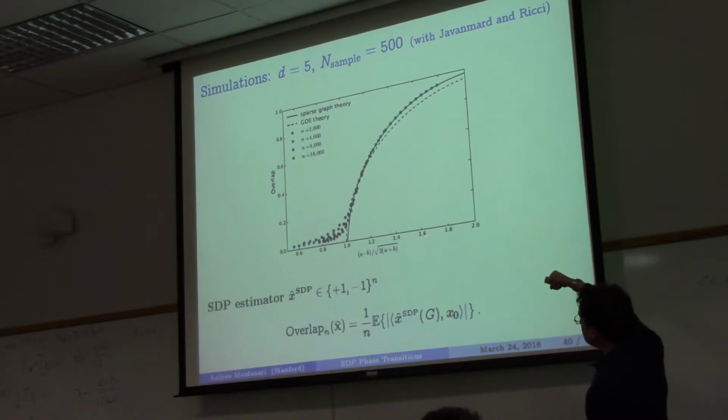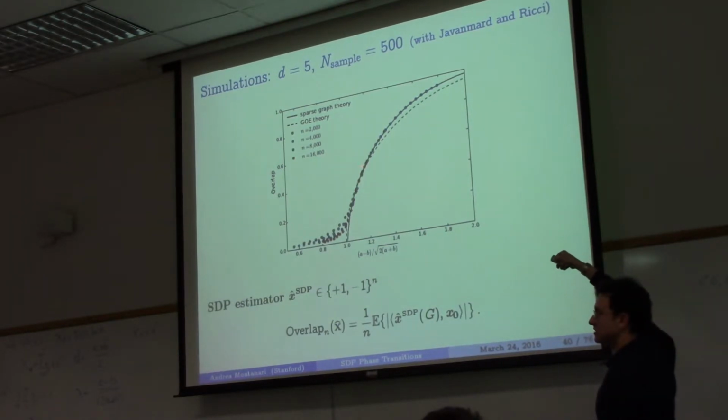On the other hand, above 1, as the size increases, this seems to converge to be pretty much independent of n. It converges to a limit curve, and we have a computation for this limit curve, that is this black line. And it matches the data very well.